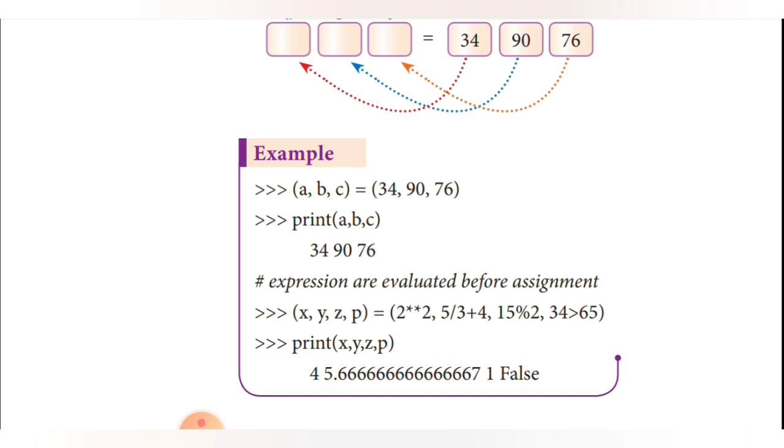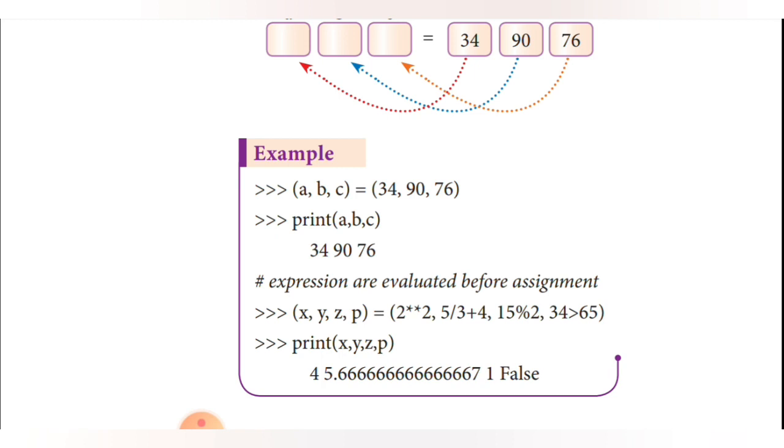Here the modulus operator returns the remainder value. So 15 modulus 2, what is the remainder? The remainder is 1. The modulus operator returns the remainder value, so the variable z gets the value 1. And then 34 greater than 65: the condition is false, because 34 is smaller than 65, so it shows False.